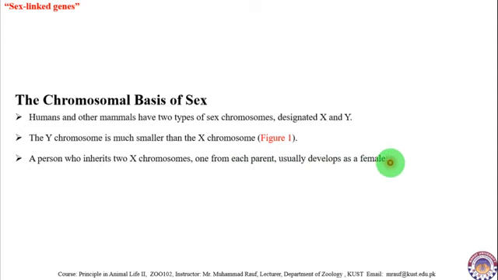We already know that the sex chromosome complement of a female is XX. So the female inherits one X chromosome from either parent. On the other hand, a male inherits one X chromosome and one Y chromosome.